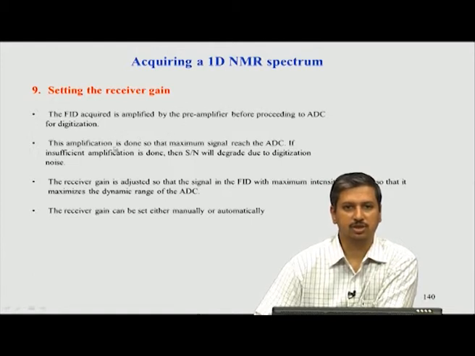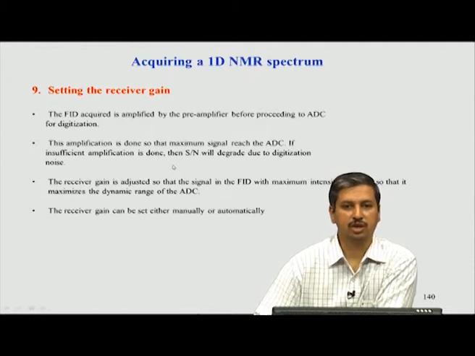This amplification is done so that maximum signal reaches the ADC. What is an ADC? ADC is called analog to digital converter. ADC is the next step after we record the signal, we will see that, and for maximum signal to reach the ADC, one has to increase the receiver gain.